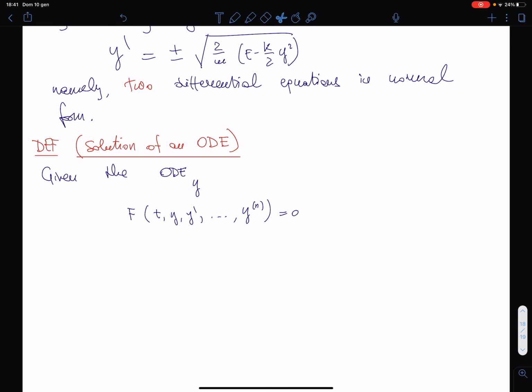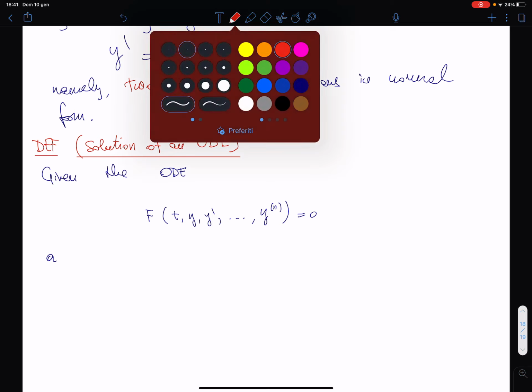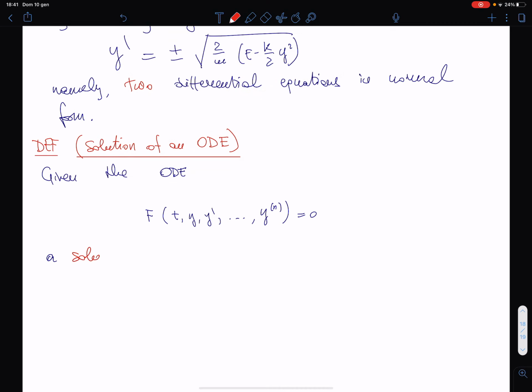Given this ODE, a solution is what? Is a function. Let me call it phi.